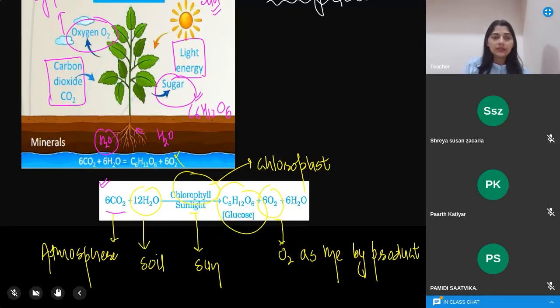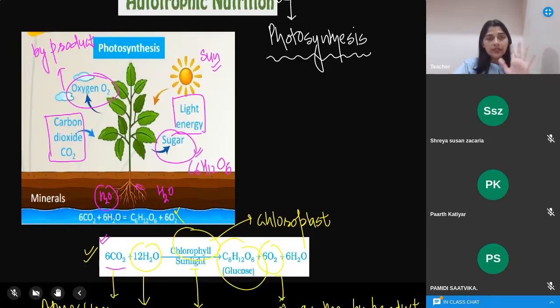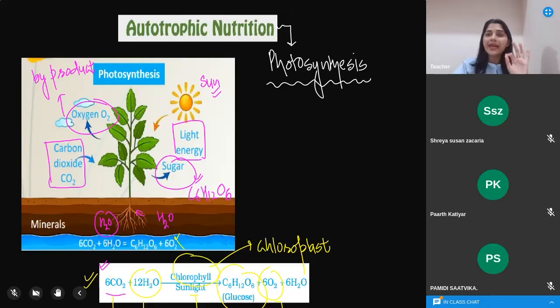Okay, let's leave this and focus on this. I'm coming to grana, I'm coming to all the structure of chloroplast. First, you just tell me, did you get what is happening in the image? Plants are taking carbon dioxide from the atmosphere, water from the soil, sunlight from the sun. So these are the raw materials, right?